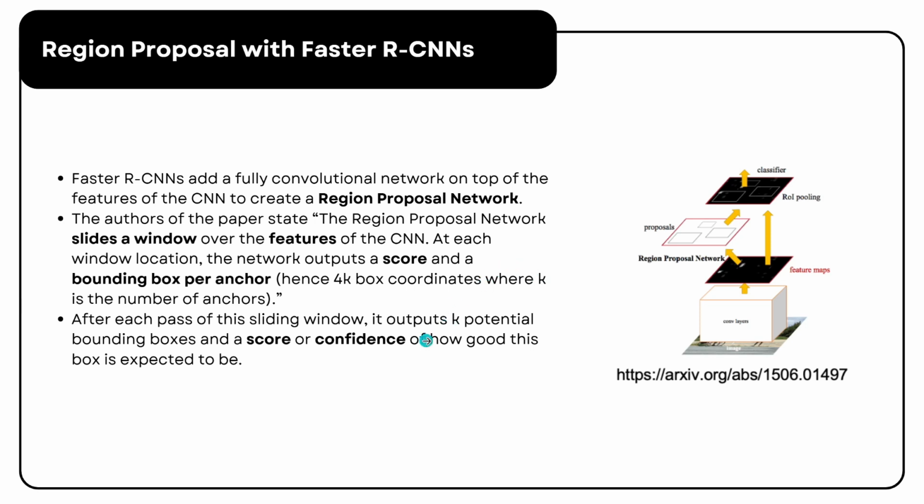We will tackle that later. If we have k anchors, the network will output 4k bounding box coordinates and k scores per location.